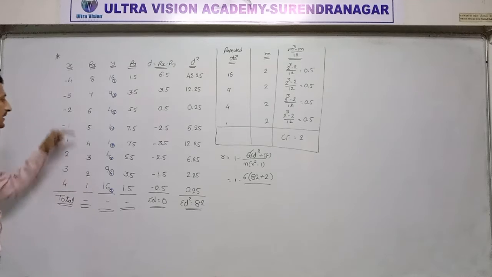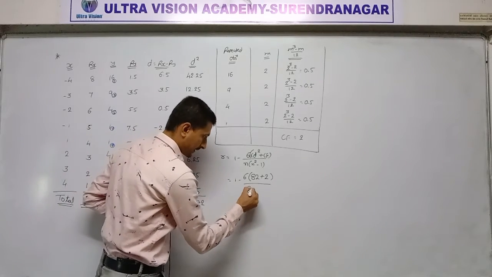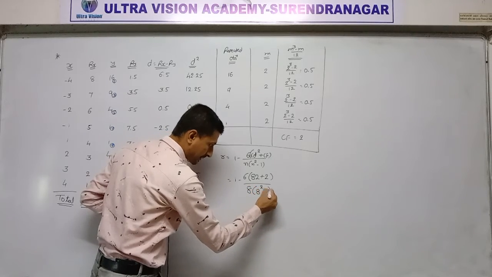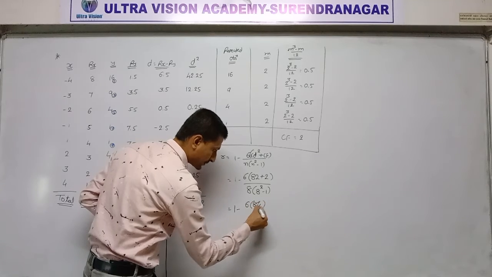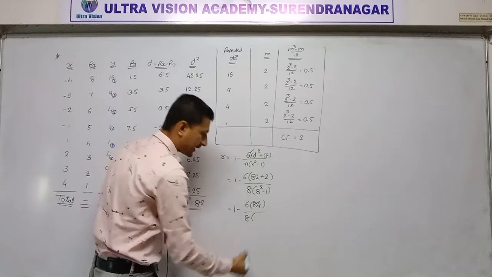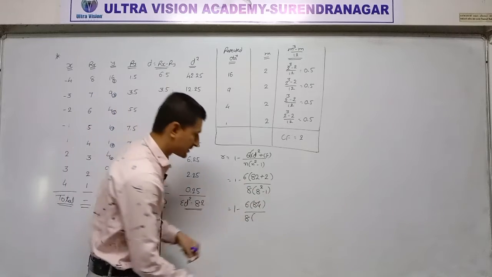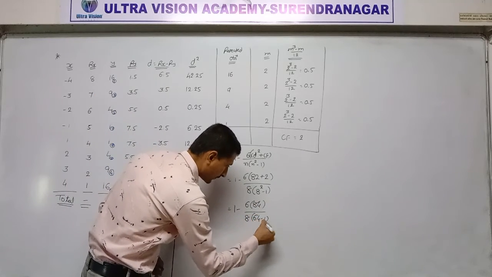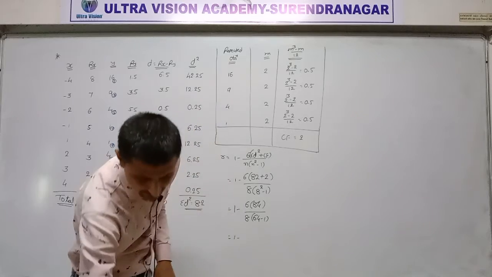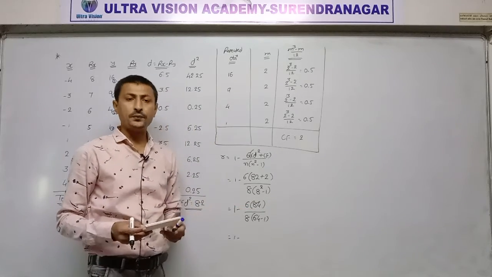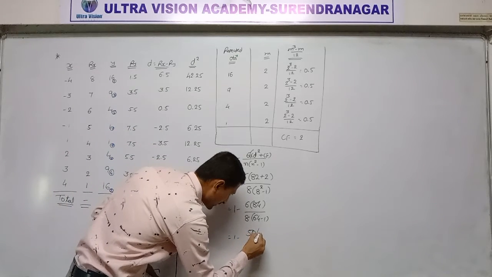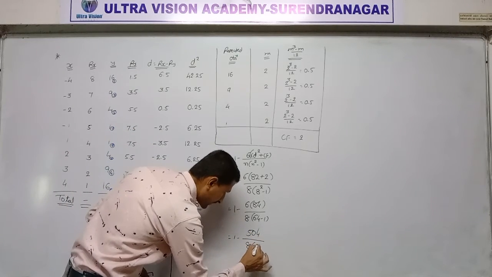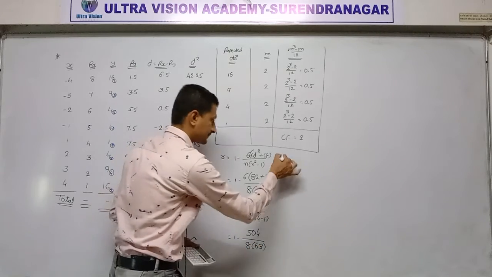And the total number of observations is 8. 8 in bracket 8 square minus 1. 1 minus 6 in bracket 82 plus 2, 84, divided by 8 in bracket 8 square 64 minus 1. 1 minus 6 into 84, 504. 8 in bracket 63.